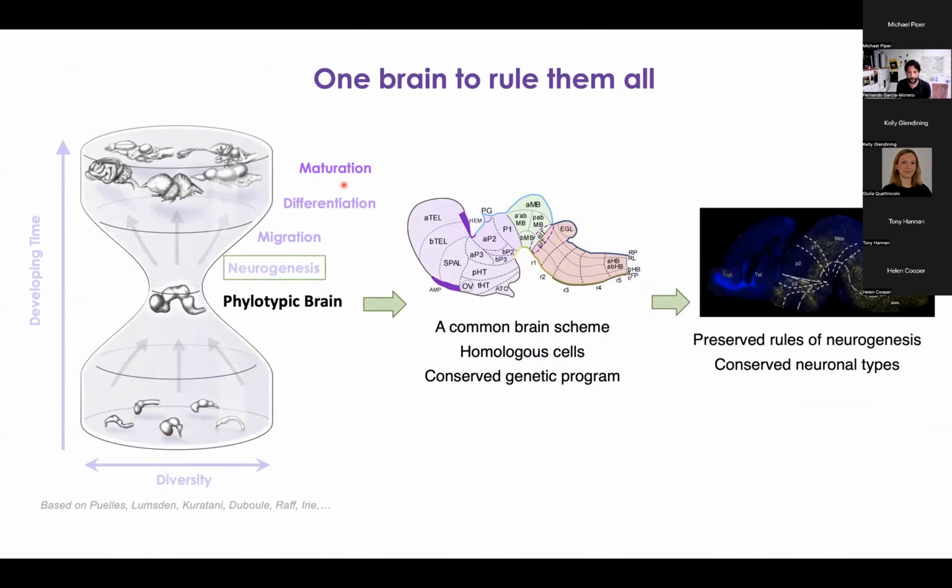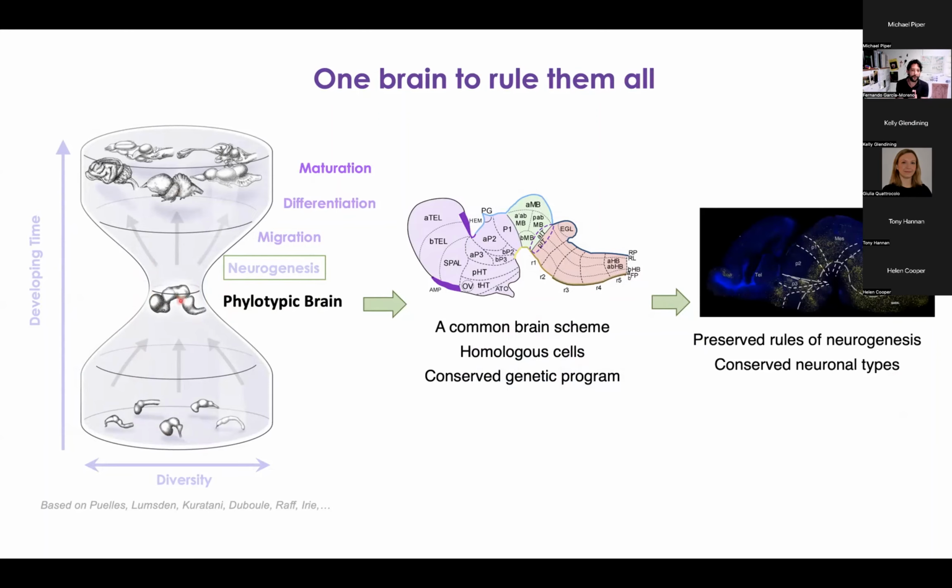So we work with this hypothesis in the lab coming from the developmental biology field. We think that early on in development, when the first neurons are appearing in the brain in all different vertebrate species, there is a common brain form, a common scheme in all these vertebrates' brains. We call it the phylotypic brain, because it's conserved throughout the whole phylum of vertebrates.